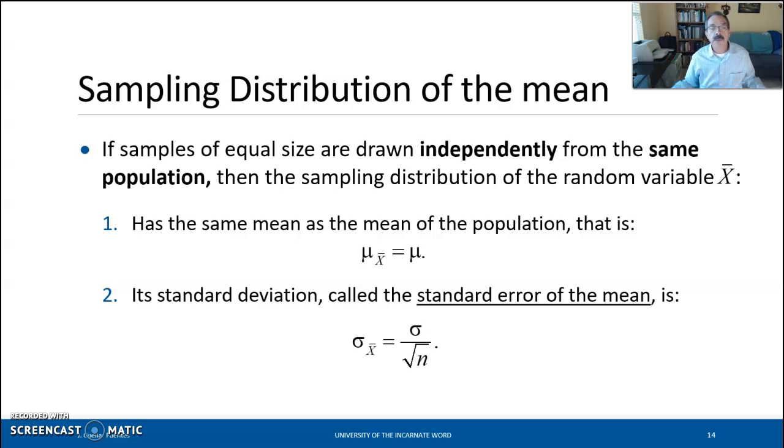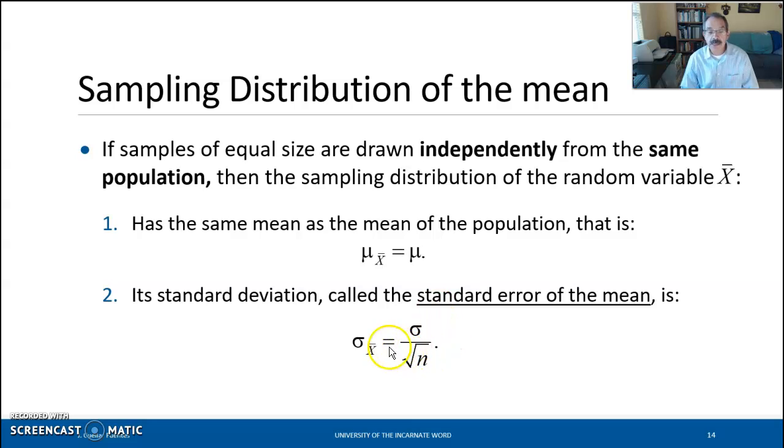All right, so if we have samples of equal size drawn independently from the same population, then the sampling distribution of the random variable, the sample mean, and I'm using capital X because now the average becomes a random variable, has a mean exactly the same as the population mean.